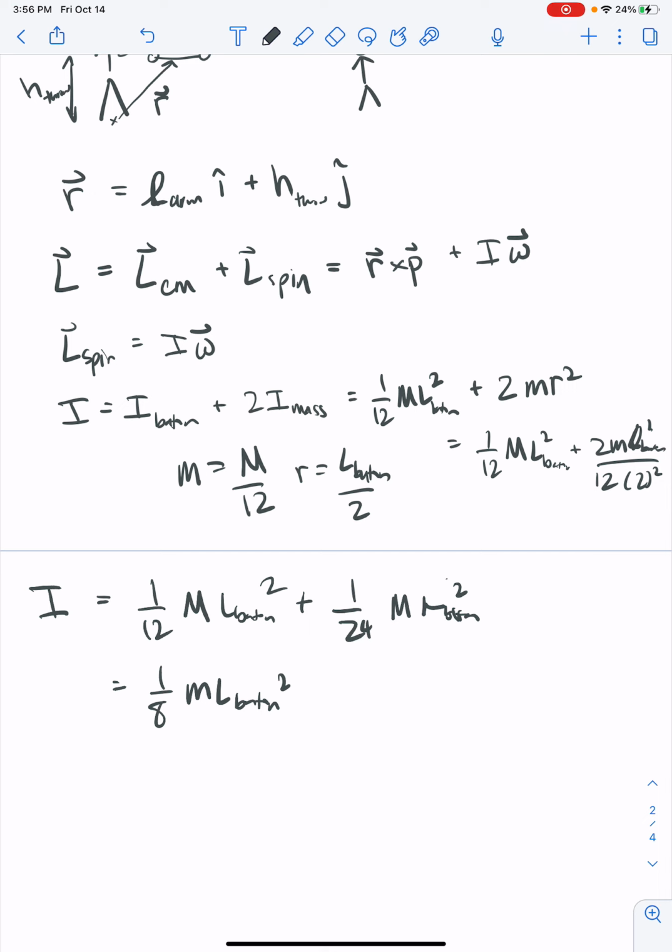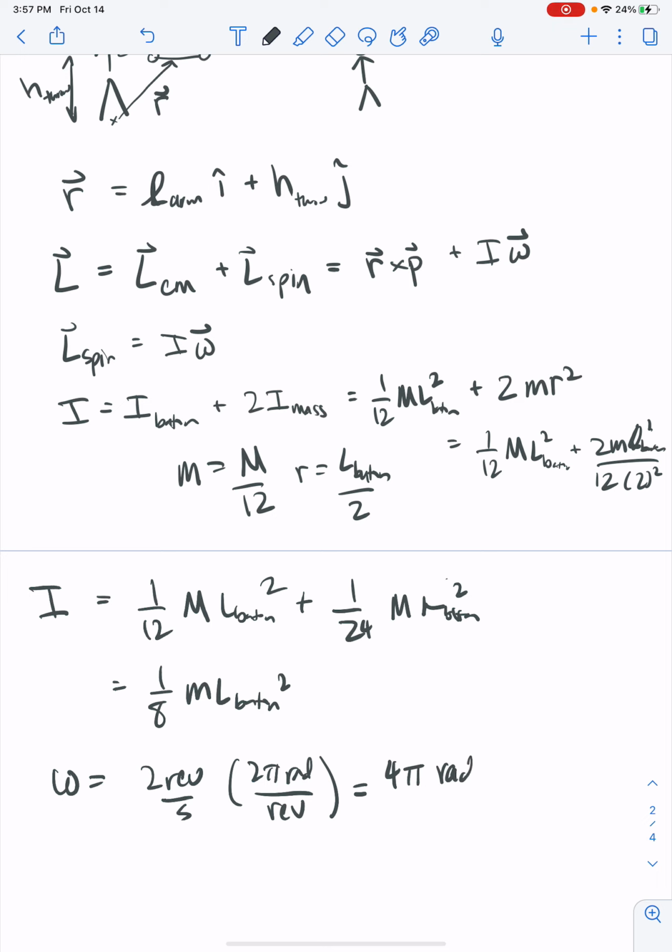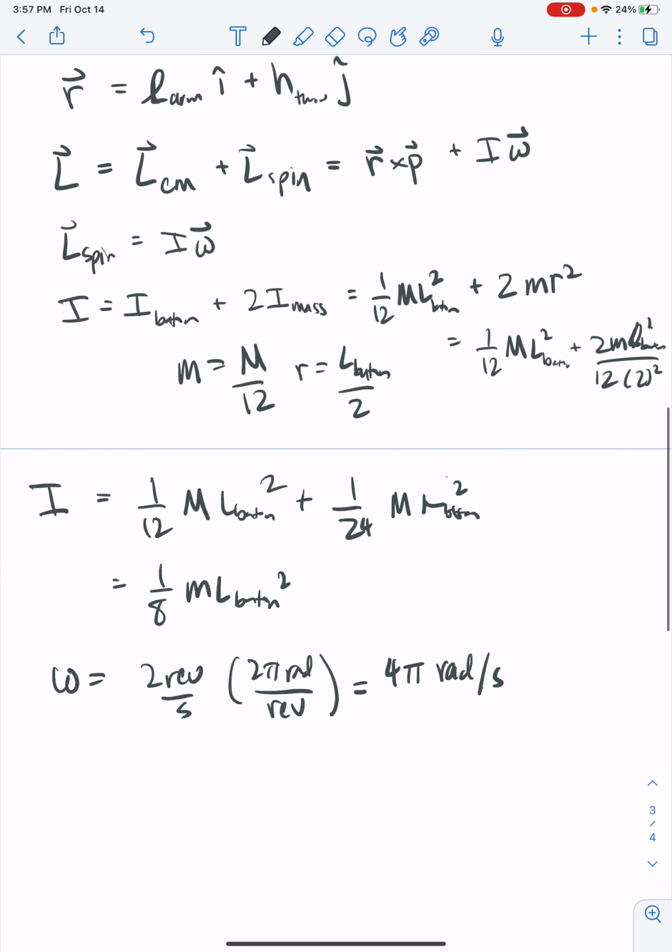Right, and then our omega is 2 revolutions per second, which is 2 pi radians per revolution, so that's 4 pi radians per second. So our L spin then is 1/8 m L baton squared times 4 pi.